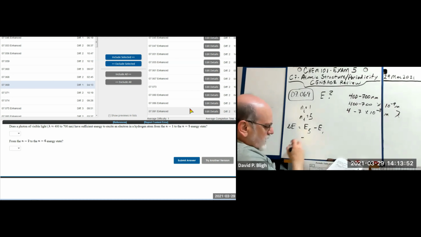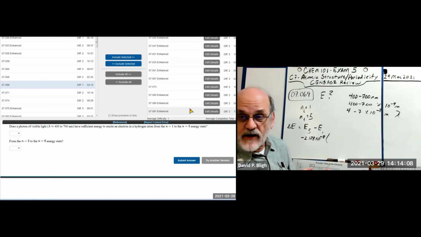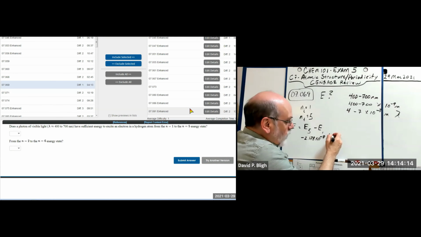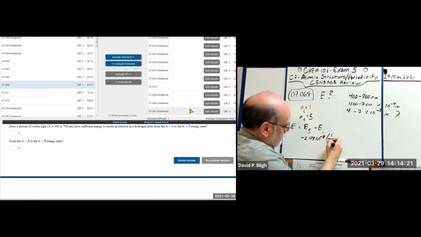So this one will be minus 2.178 times 10 to the minus 18 times Z. What is Z? Z is the same thing it's always been. It's the atomic number. For hydrogen, it's 1. So Z squared is 1 divided by n squared, 5 squared.